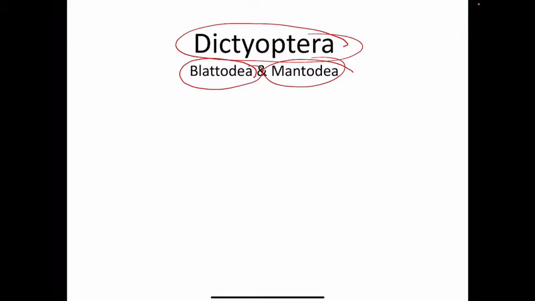So definitely there is some dissimilarity between cockroaches and mantids. That's why some authors think that they should be kept in different orders, while definitely there is also some commonness or similarity between them. That's why they are in the same order, Dictyoptera. So let's see their similarities and dissimilarities together.